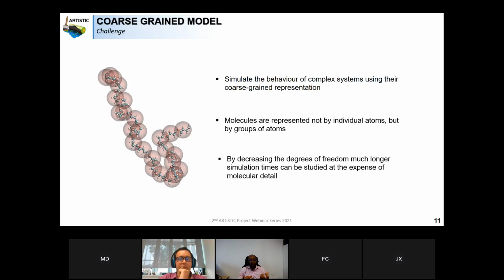You will lose this information, but depending on the property or the effect that you want to study, this can be neglected or not. And I think for our purpose we can make this approximation, and it will not have a big impact on our results.